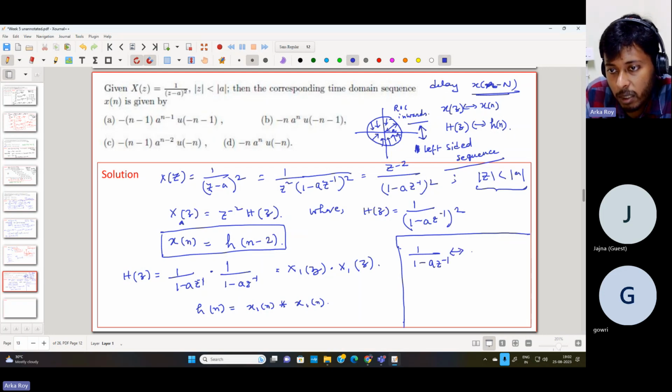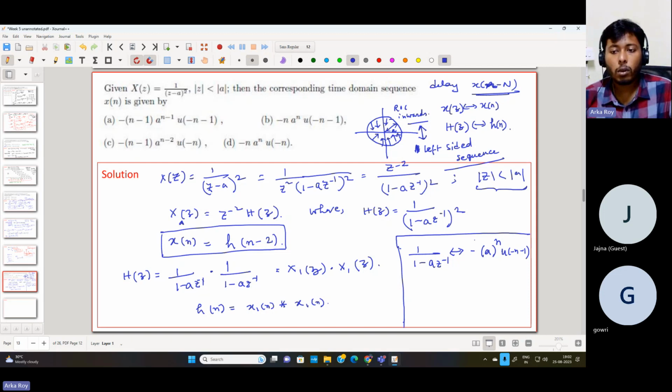So it is minus a to the power n u of minus n minus 1. So this is what the inverse Z transform looks like for this particular sequence, that is minus a to the power n u of minus n minus 1.